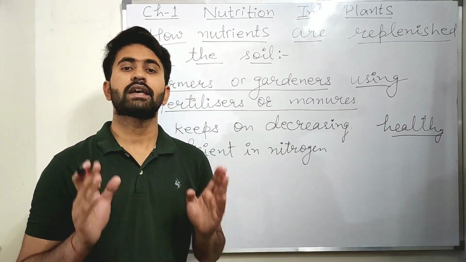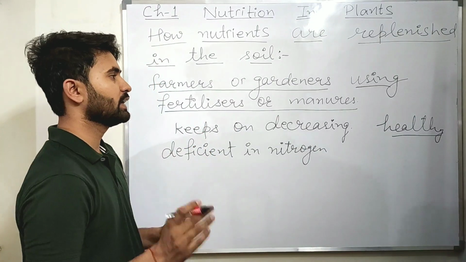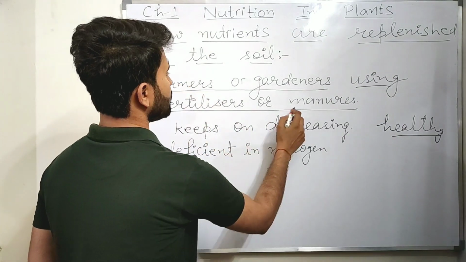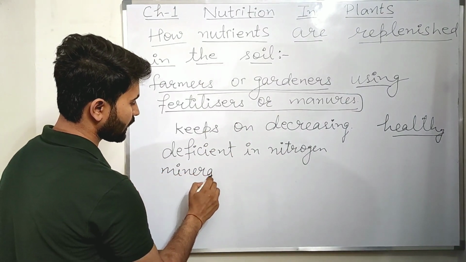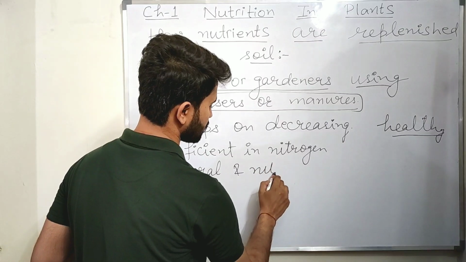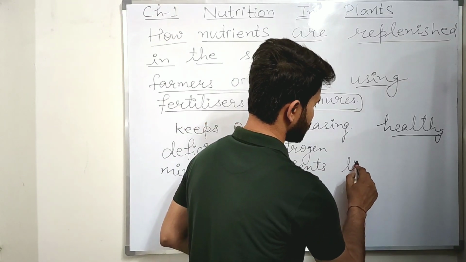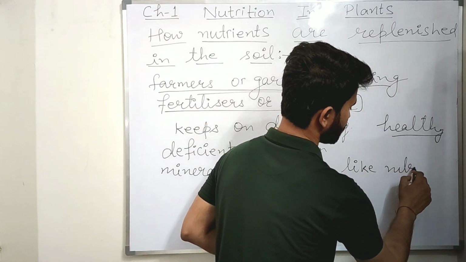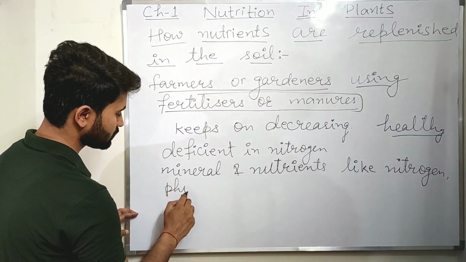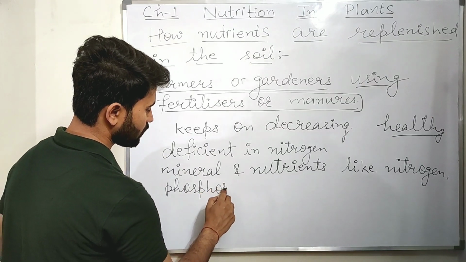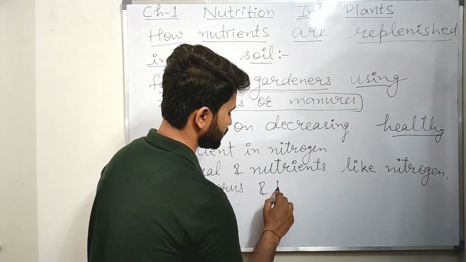The fertilizers and manures contain nutrients and minerals like nitrogen, phosphorus and potassium.